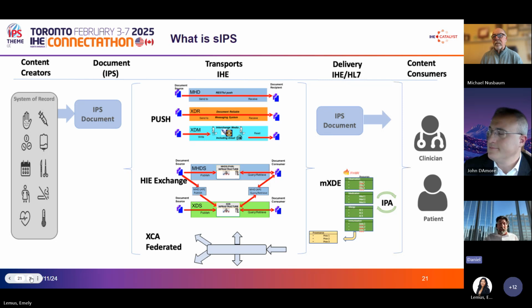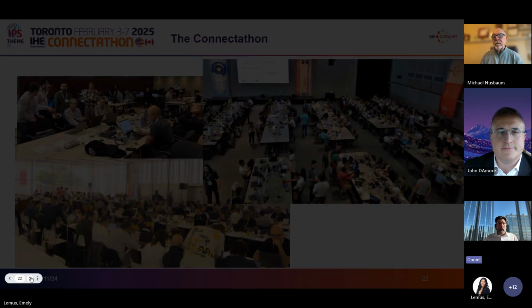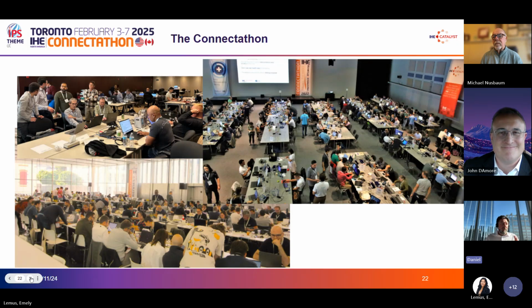And Emily, if we could go to the next slide, I think a picture is worth 1,000 words, and I've got 3 of them in here. This one to the right is in Switzerland. The one in the top left corner is at RSNA this year in February, and the one at the bottom, I think, is in Rennes from last year.